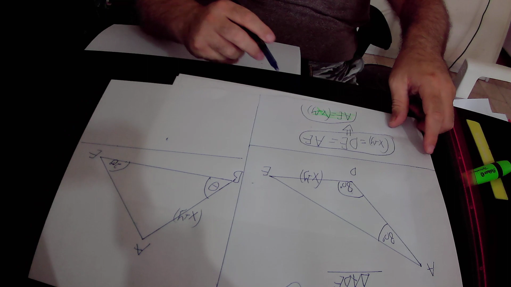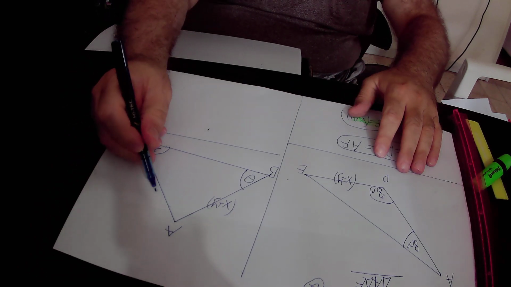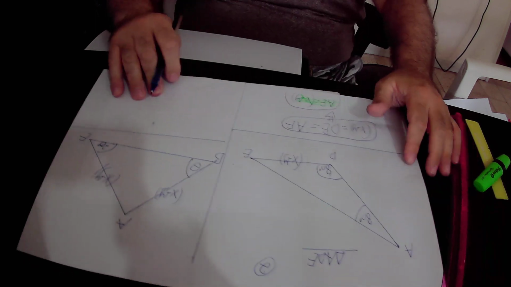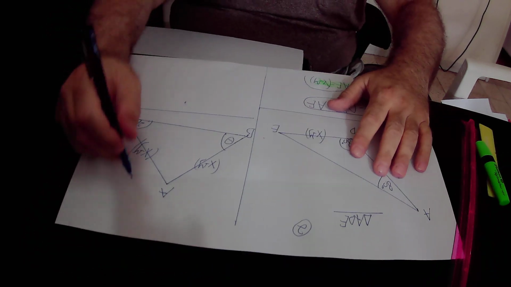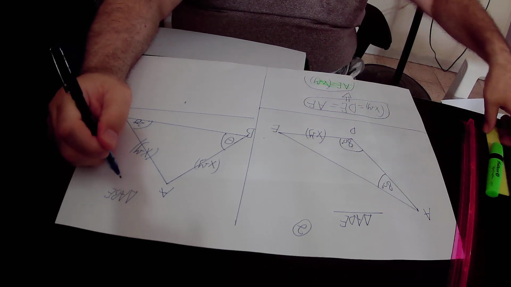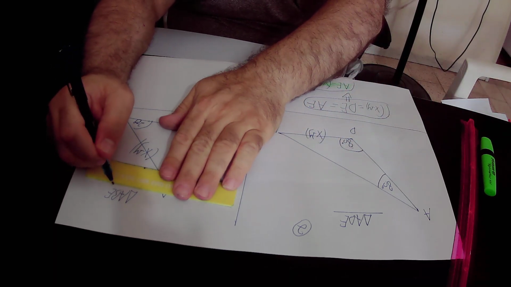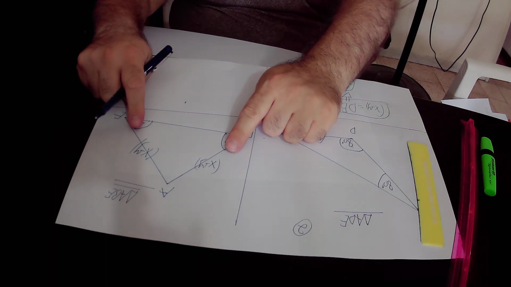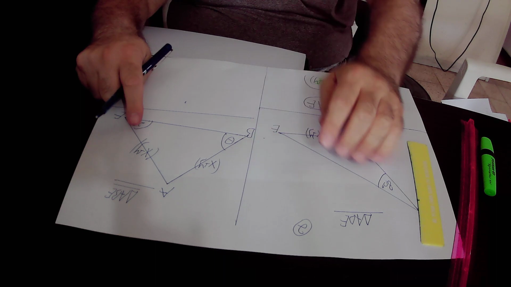So this is triangle ABE from the original drawing. Those two sides are both equal to X plus Y, therefore they are equal to each other.